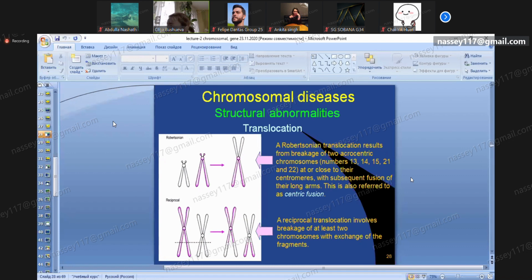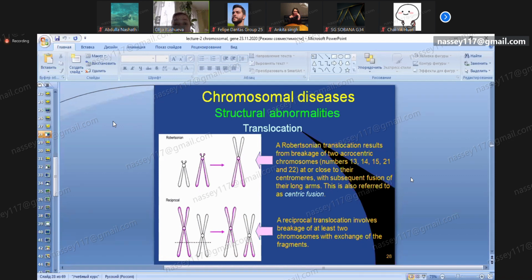We know that ribosome genes responsible for the synthesis of ribosomes are located in the short arms of these acrocentric chromosomes. And losing these short arms doesn't lead to very serious consequences, because the presence of ribosome genes in other acrocentric chromosomes is enough for normal functioning of ribosomes.